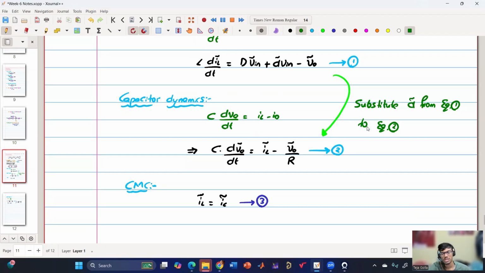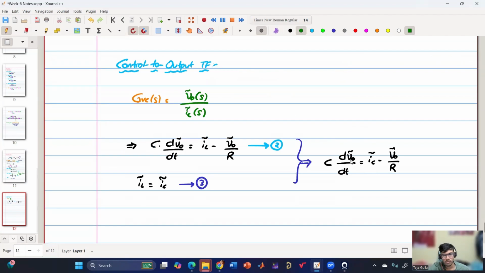Whereas for boost as well as buck boost, you need to substitute d tilde from equation 1 in equation 2 in order to get an expression which consists of I naught as well as IC. So is that clear? Why here things are simpler? Whereas in the case of boost converter, you need to do some more calculations. Yes, clear, sir.